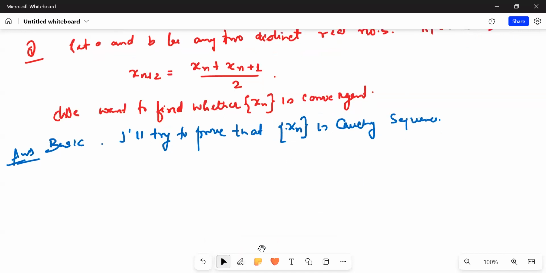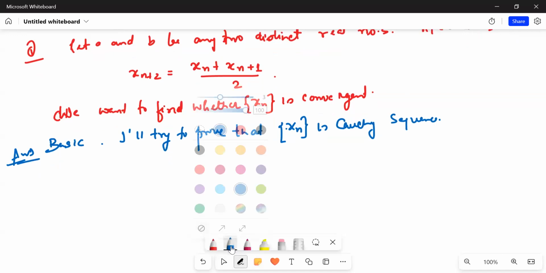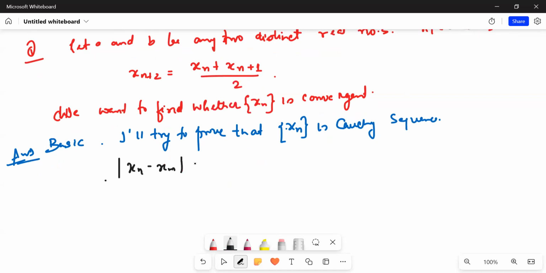So what is a Cauchy sequence? Just to recap, a sequence is said to be Cauchy if the modulus of x(n) minus x(m) can be made less than epsilon for all n greater than m greater than or equal to some m naught belonging to natural.